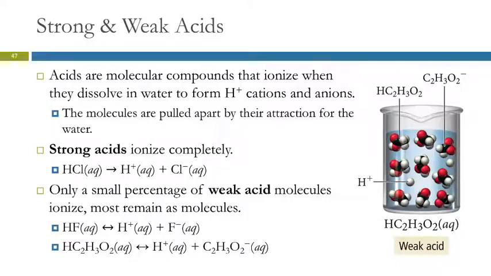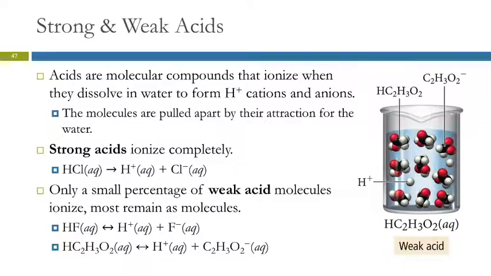We talked about acids and learned how to name them. Remember, acids are molecular compounds that ionize when they're dissolved in water. They form hydrogen cations and anions. The molecules get pulled apart by their attraction for the water.